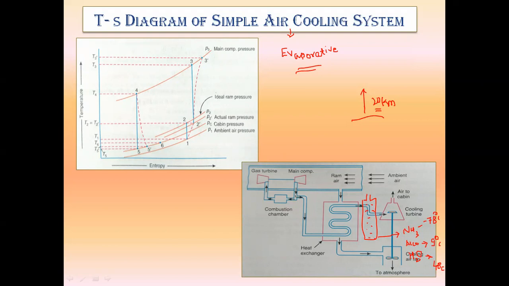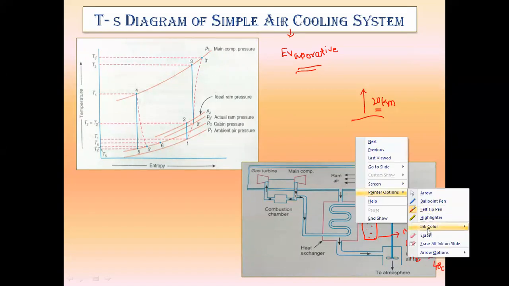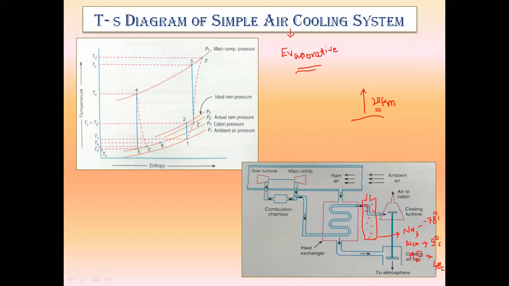So whenever I add this evaporator, the outlet of the heat exchanger will be passed to this evaporator, and after that it will be supplied to the cooling turbine.